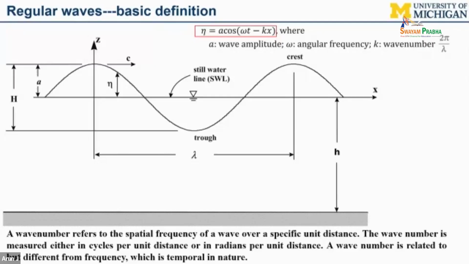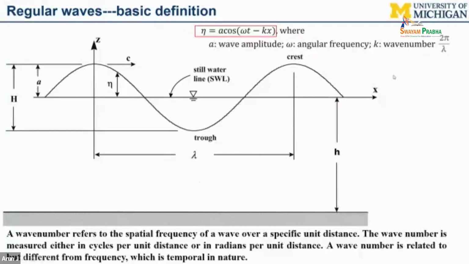The wave number means, in one unit of 1 meter, let us take the meter as an example, how many wave periods or waves there are. For example, if the wave number is 1, that means in 1 meter you have 1 wave.